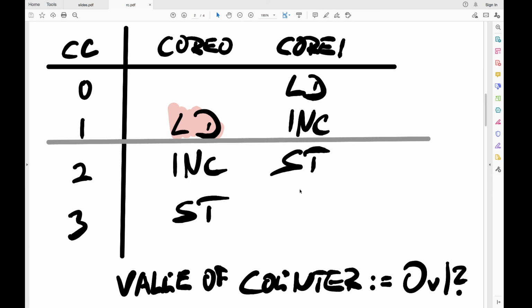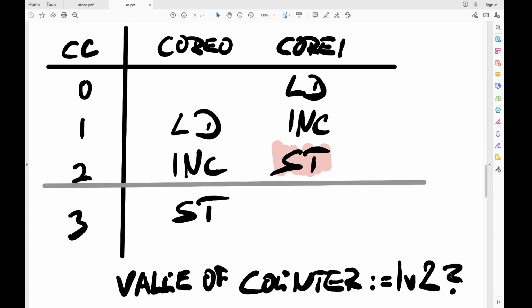So at this point in time, we have no way of knowing if the value is 0 or 1. That means when core number 1 stores its value, it doesn't know if counter will have the value 1 because it just incremented the variable, or if it has the value 2 because at the same time core 0 also tries to increment the variable.